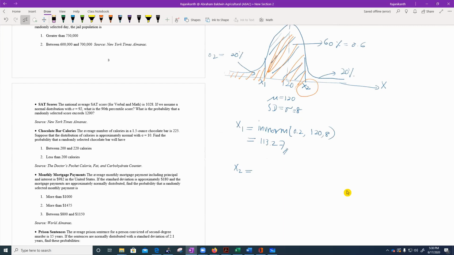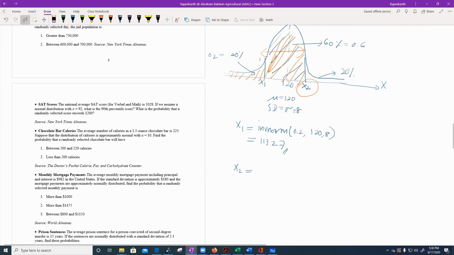Remember, the middle piece area was 60 percent, 0.6, and the remaining tiny area was 0.2, 20 percent. So in total, you will have 80 percent, right, left side to that x2. So you have to consider all the region left side to that x2. Therefore, which is 80 percent, that is 0.8, right? So the left side area to x2 is 80 percent, which is 0.8.